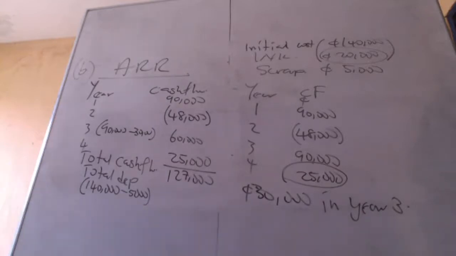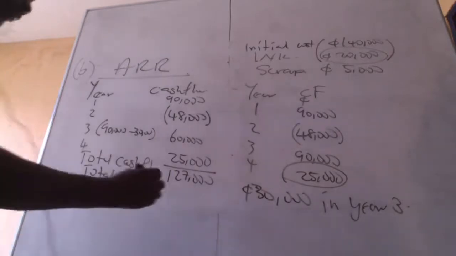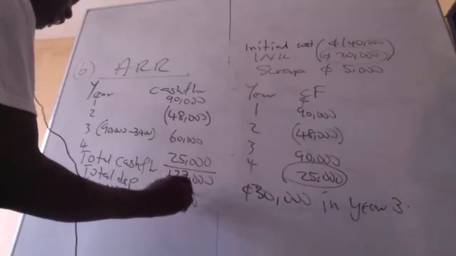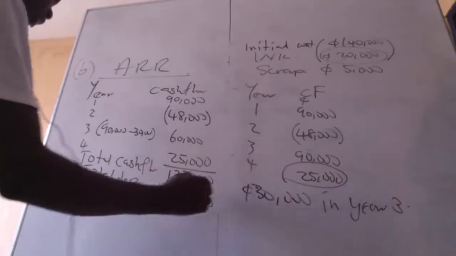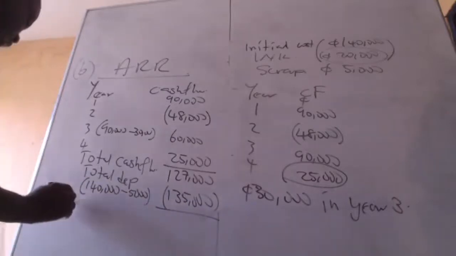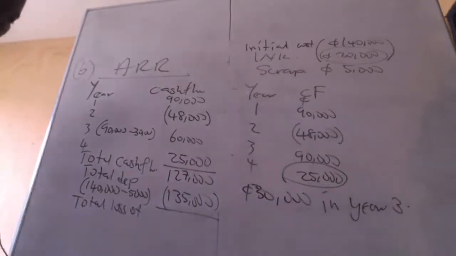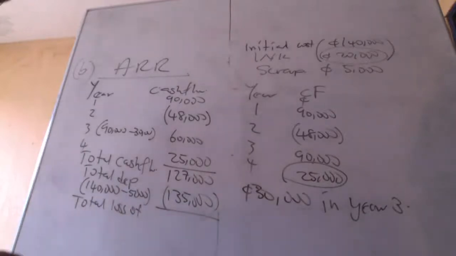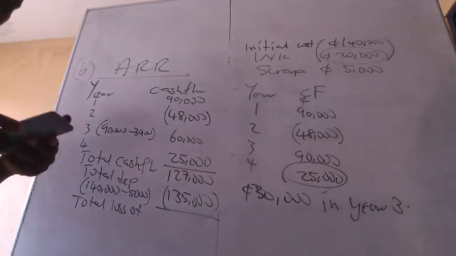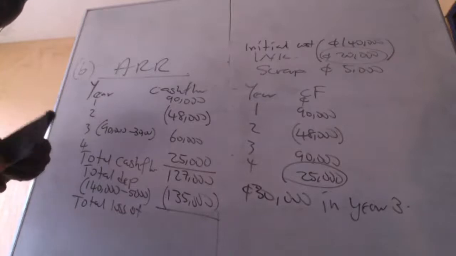Taking it off, what do you get? 135,000. So here, the total loss, not profit, to be loss. So 127 less 135, that's 8,000.